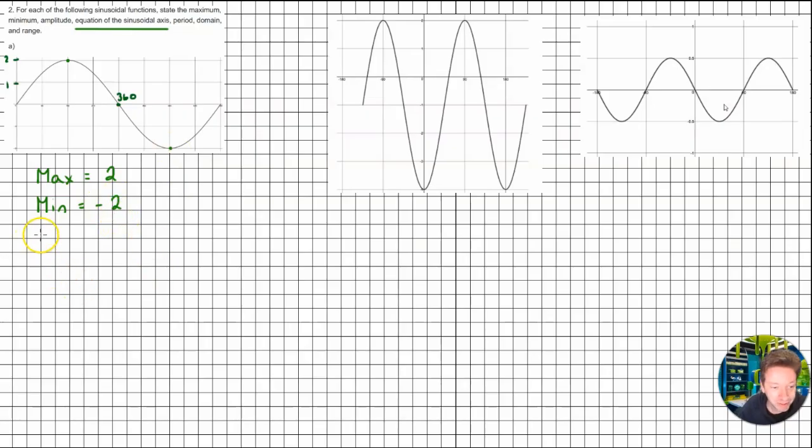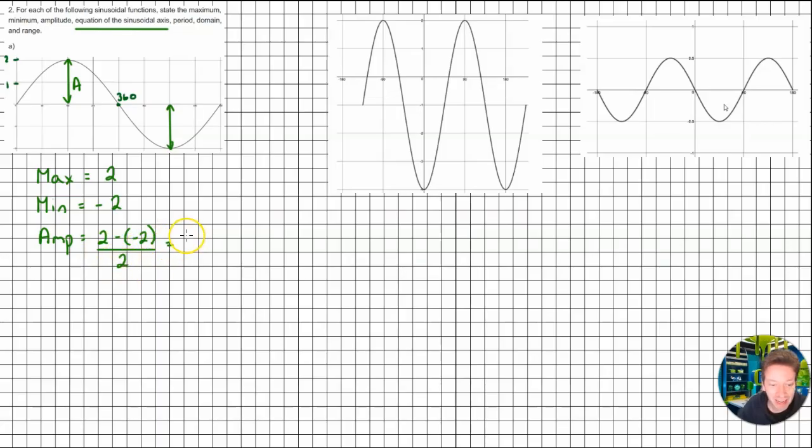The amplitude, which we've learned is from that middle point to your maximum, which would be this, or from the middle point to your minimum, which would be this. They're the same thing. So what we can do is just find the difference between max and min, which would be 2 subtract -2, which is 4, and then divide by 2.